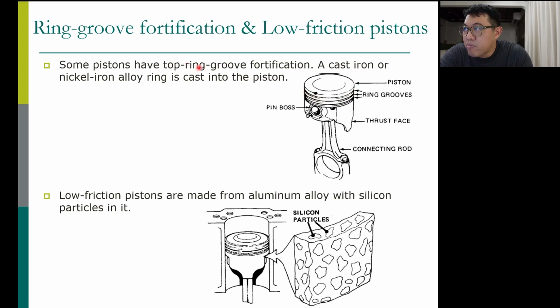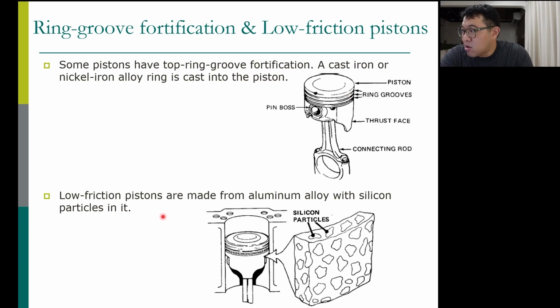Okay, the top ring groove has metal inside, because when the piston moves up and down, the piston ring hits the groove. When it goes down, it hits up. When it goes up, it hits down. The ring hits the piston, and then the groove wears fast. Therefore, instead of using aluminum, they put the cast iron ring there, because it's stronger than aluminum, right?